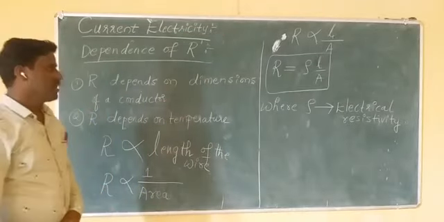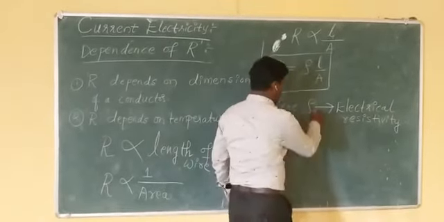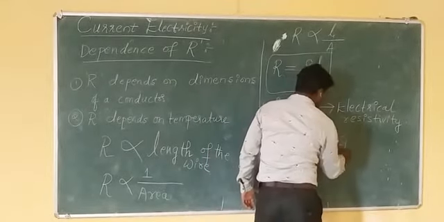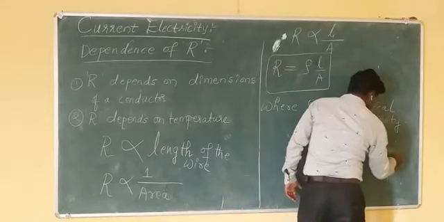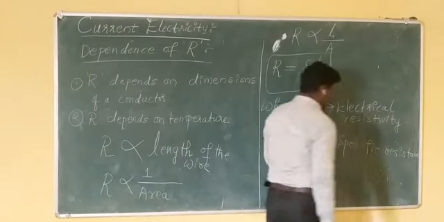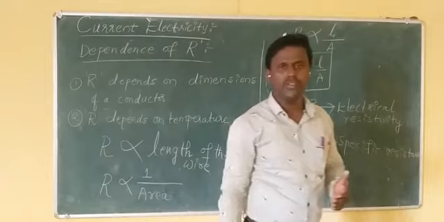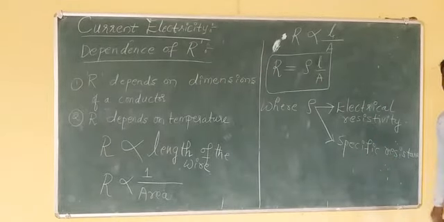Resistance of the conductor. Remember, it is called electrical resistivity, or it is also called specific resistance. Its other name is specific resistance. So rho has two names: one is electrical resistivity, and the second one is specific resistance.